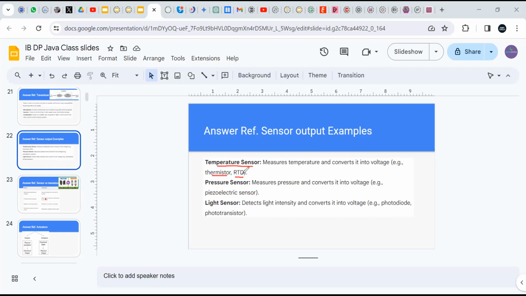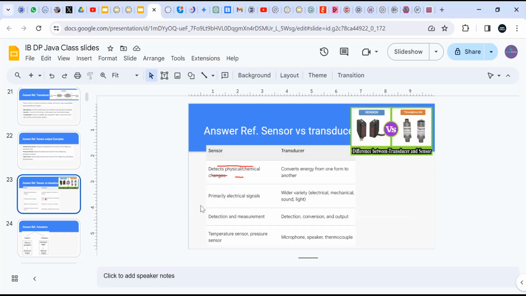But a thermocouple is actually a transducer. The thermocouple measures the difference in the temperature, not only the temperature, but the difference in the temperature. So that's why we consider the thermocouple as a transducer, not a sensor.